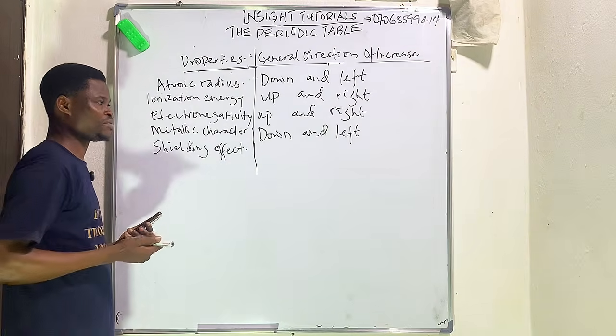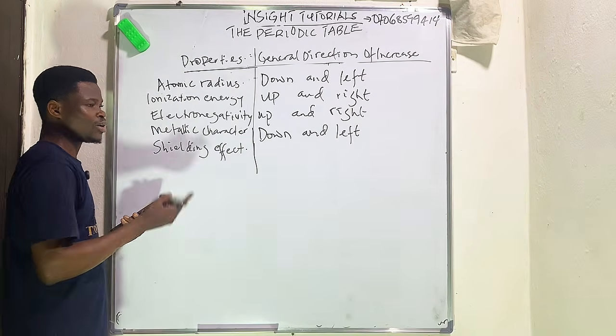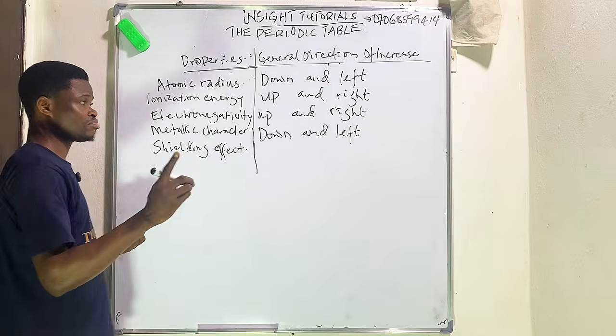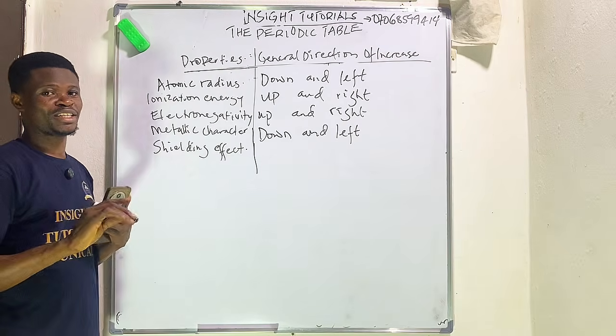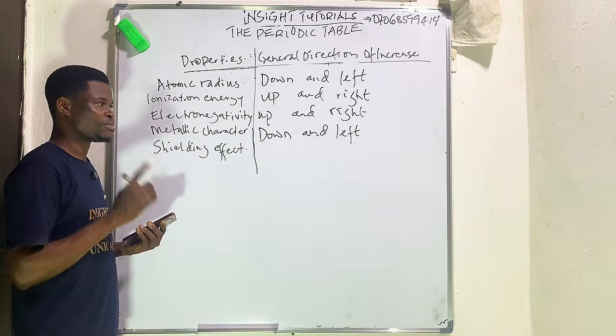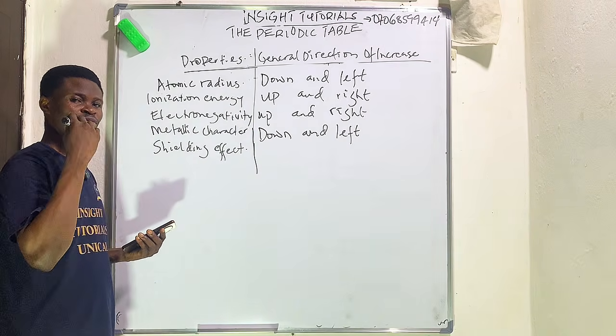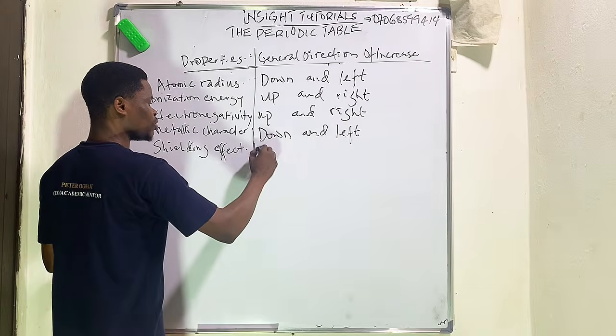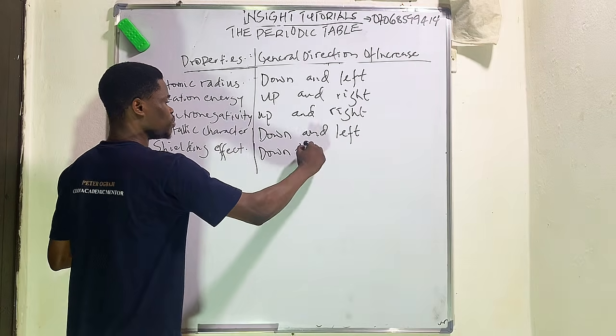How about the shielding effect? Remember that either left or right, the shielding effect does not increase or decrease. It is constant. There's only one direction in which the shielding effect increases, and it is down the group.